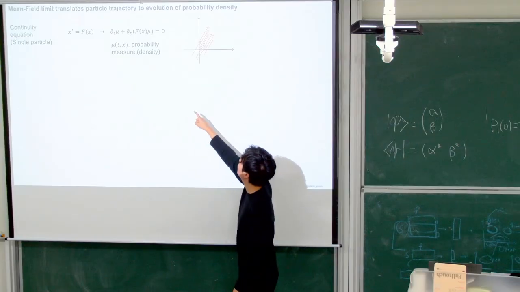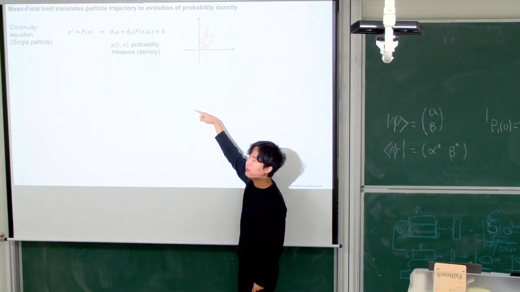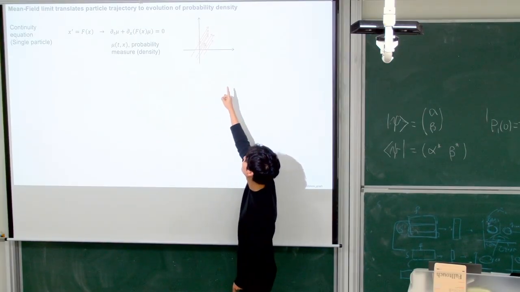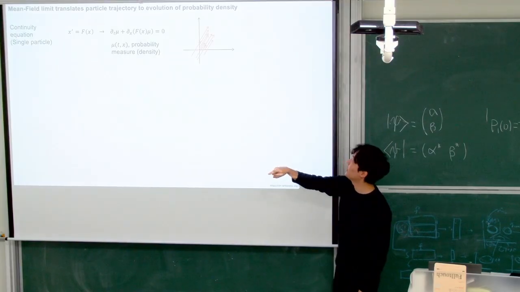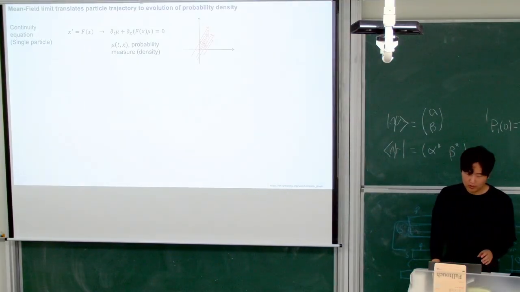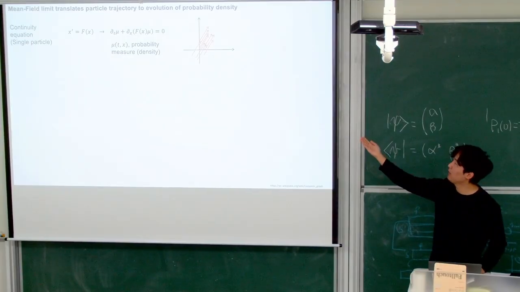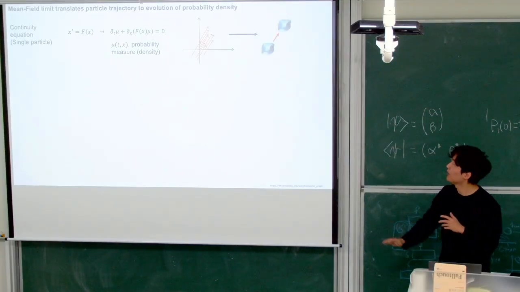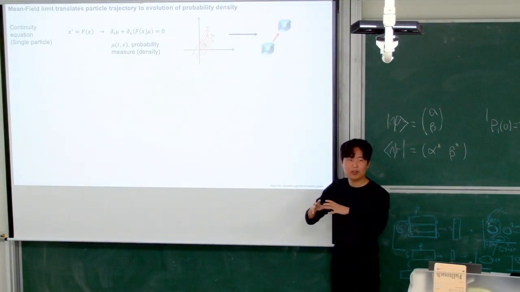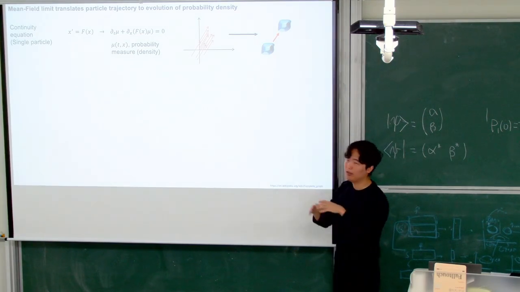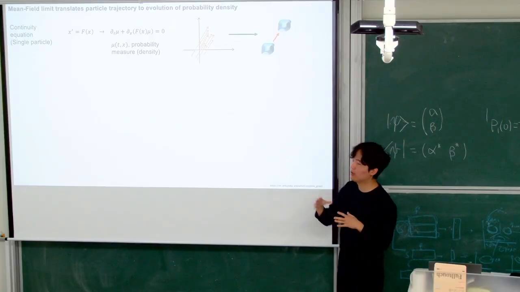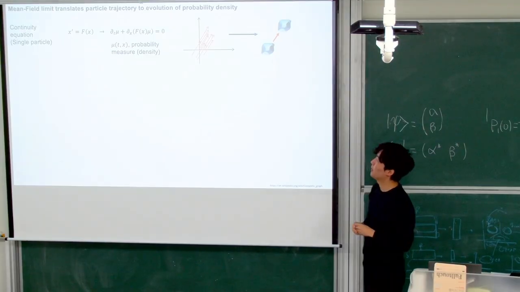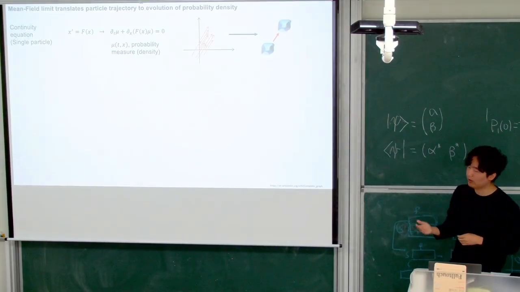If you have an ODE and you choose an initial data, you have a trajectory. If you have different initial data, you have a different trajectory. However, in the PDE philosophy, you start with a set of initial data and see its dynamics. And this ODE is now a dynamics over density. So that is why it is written as the right-hand side PDE.